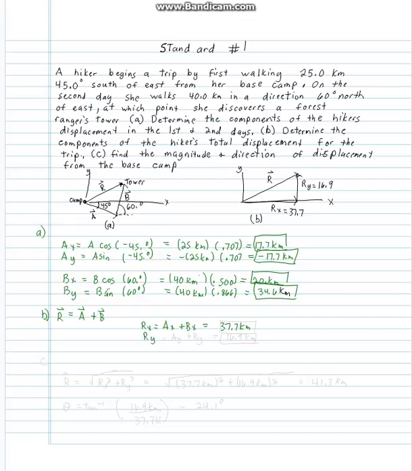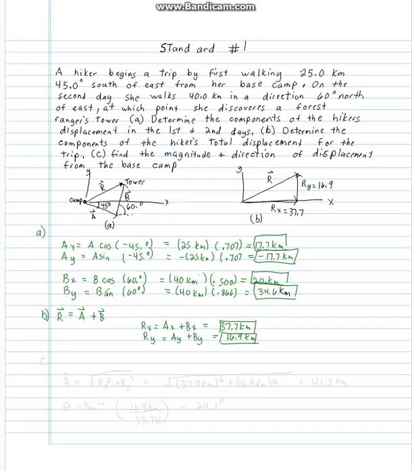For Ry, you take your A of y plus your B of y, which equals 16.9 kilometers. And that is the components of the resultant vector.